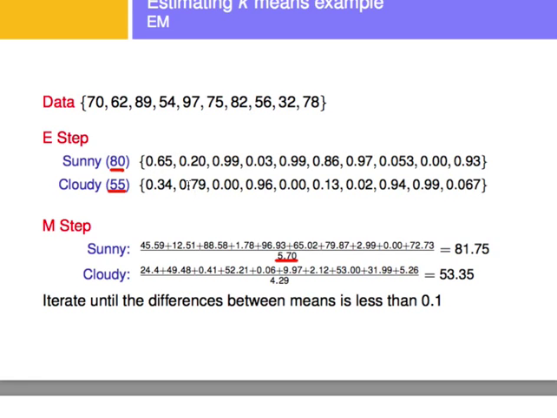Now, what I'm going to do is multiply 0.65 times 70, and that gives me 45.59. 0.20 times 62 will give me 12.51. And so on and so forth.